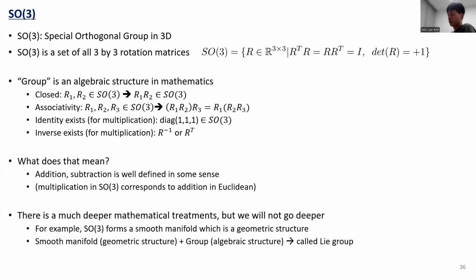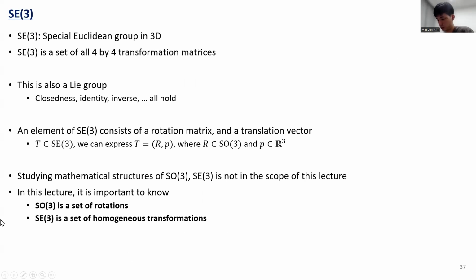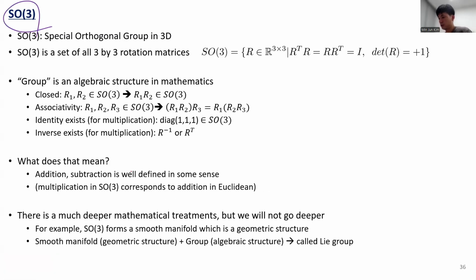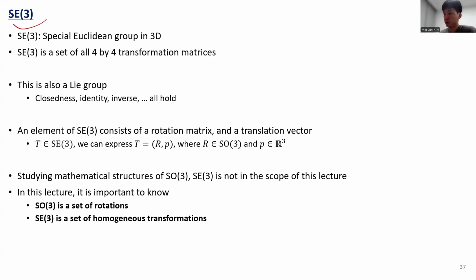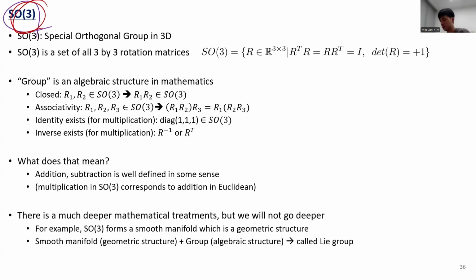Okay, let's move on to something called SO3. So SO3, and the next terminology is SE3. These can be quite scary, but you don't need to worry.